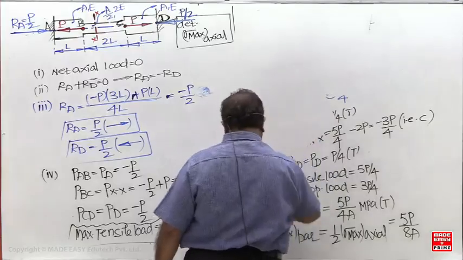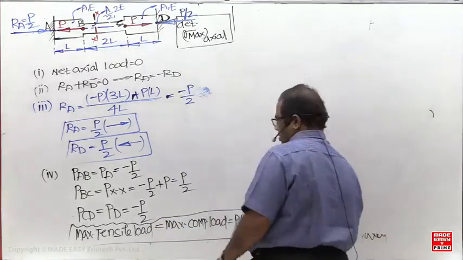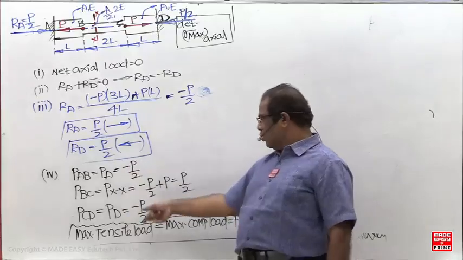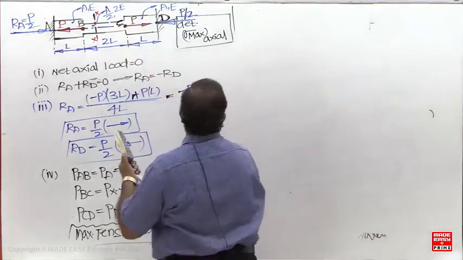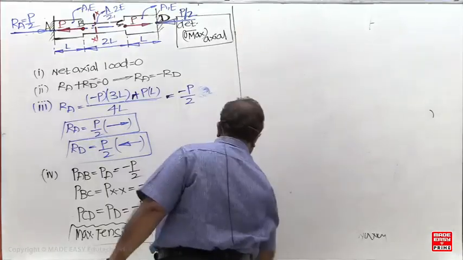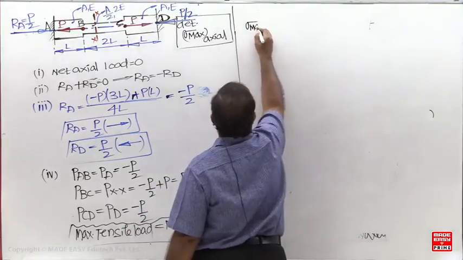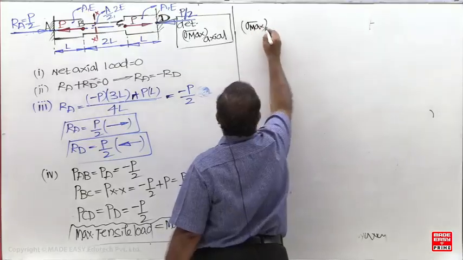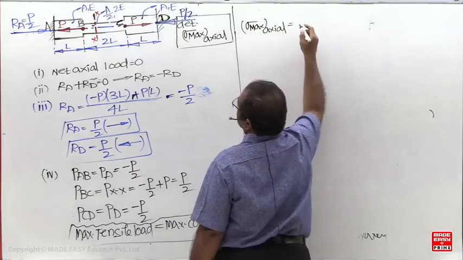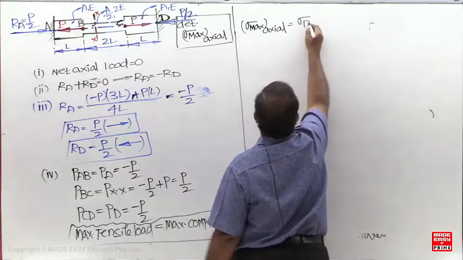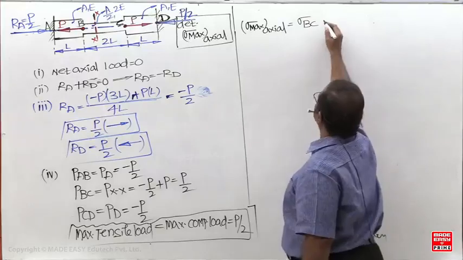In the question, maximum axial stress is asked. All the loads are equal. The stress is maximum where the area is minimum. So maximum stress will be in the BC member.